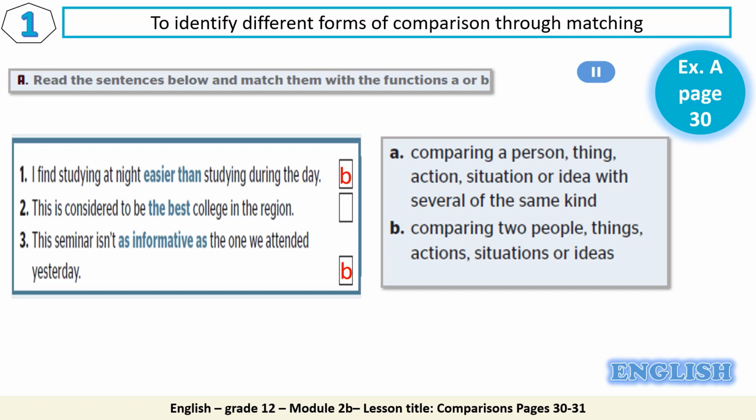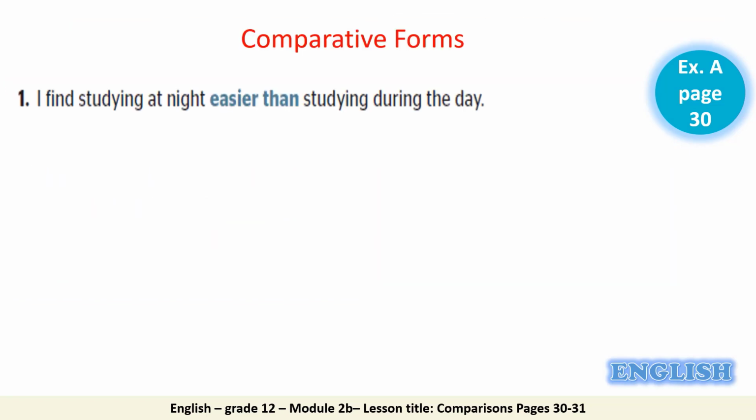What about sentence 2? Absolutely, this is an illustration of the superlative form, comparing a person, thing, action, situation, or idea with several of the same kind.